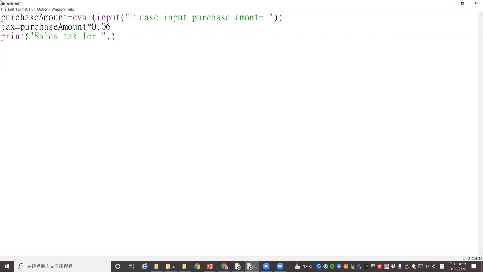For purchase amount, purchase amount here is, yeah, I do not use double quotation marks just because it's a variable. When you input a different value, it will change at the same time. Is tax. Okay, let's see what the result is.